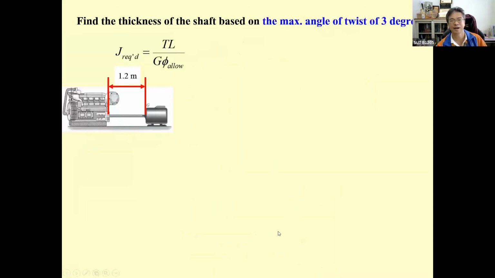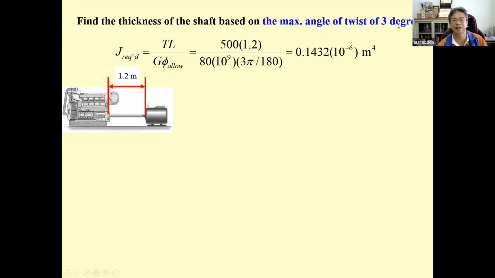Okay, and then for the angle of twist over here, you have to change 3 degrees to radians by using this converter. And this is 500 Newton meter. The length is in meter. This is going to be G in Newton per meter square. You have to have this one.